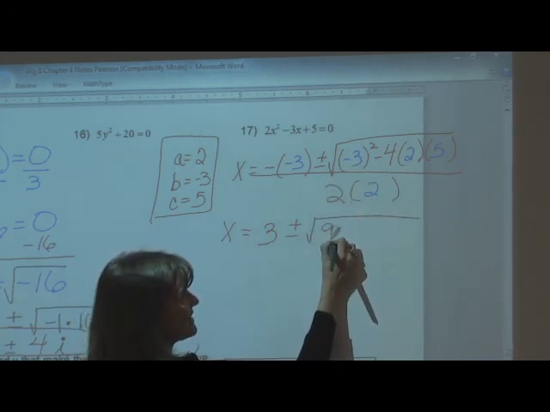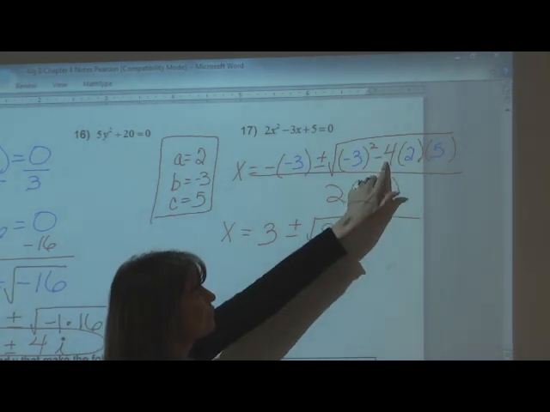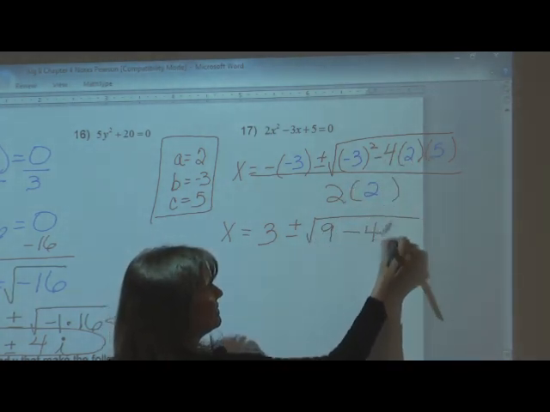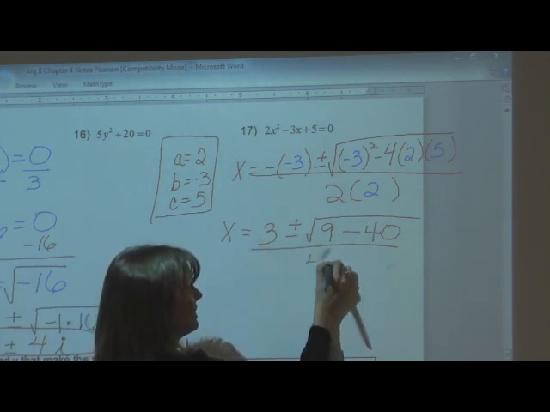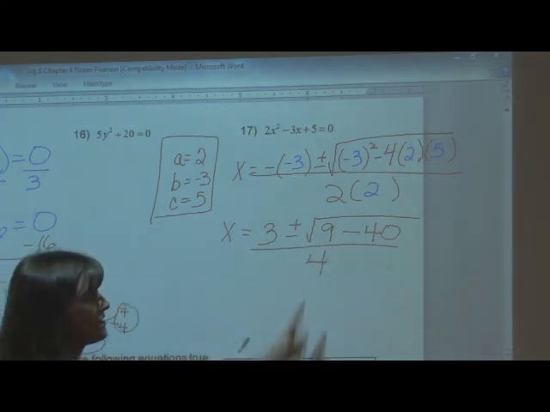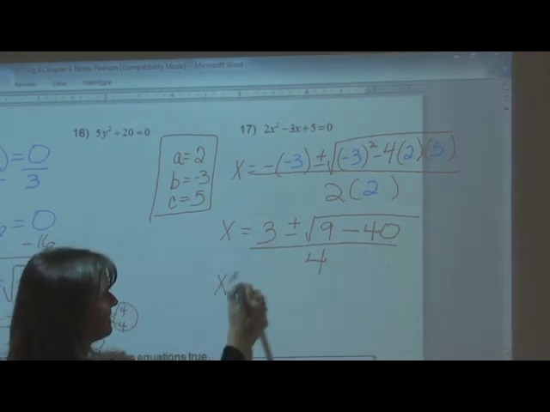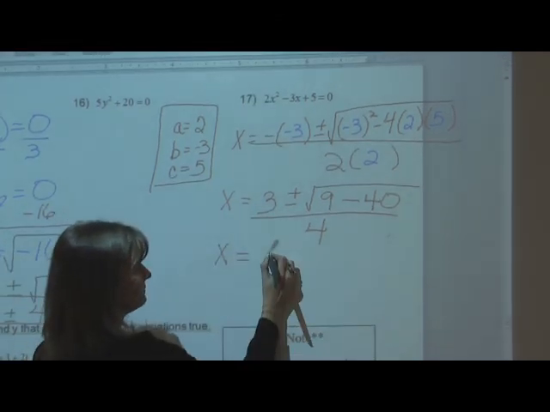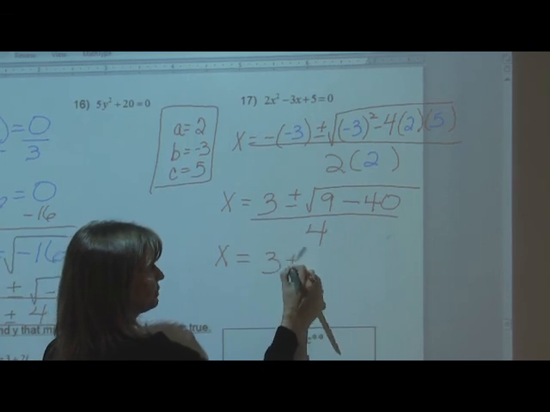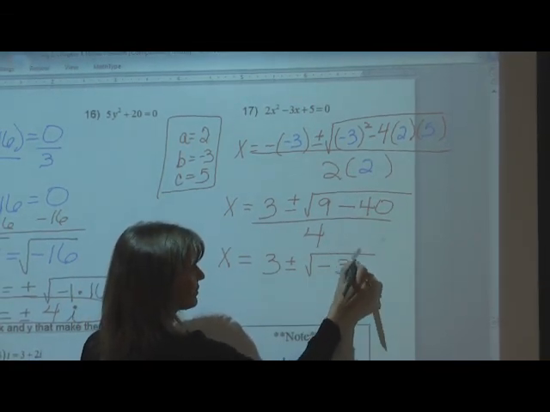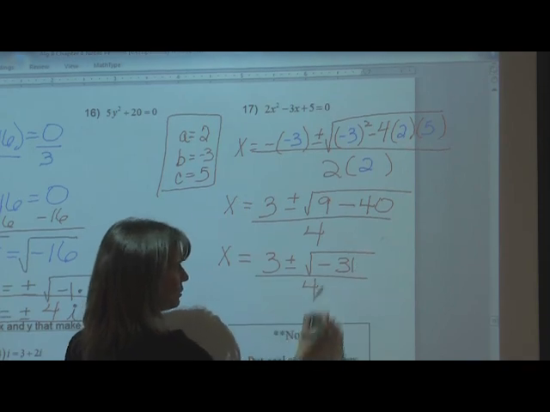Negative 3 squared is 9, minus 4 times 2 is 8, 8 times 5 is 40. So 9 minus 40 all over 4. Now work this part out first because it's like a parenthesis. And x equals 3 plus or minus the square root of negative 31 all over 4.